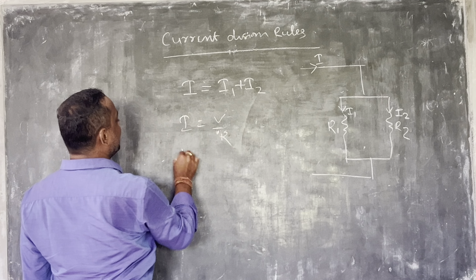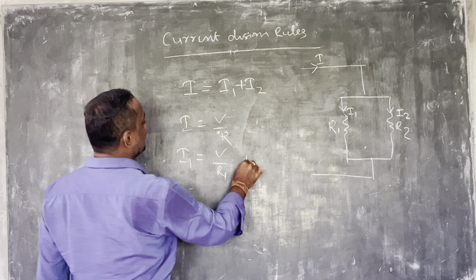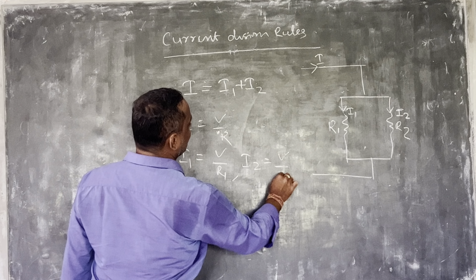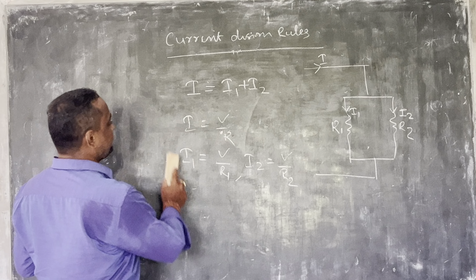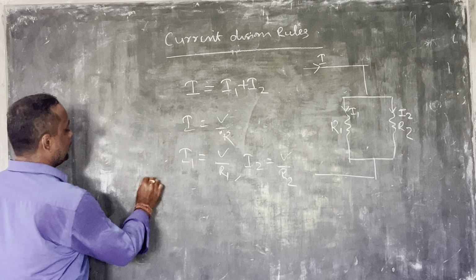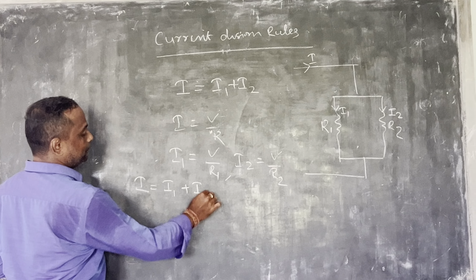Here the I1 current, I1 equals V by R1. Similarly, I2 equals V by R2. Got it?